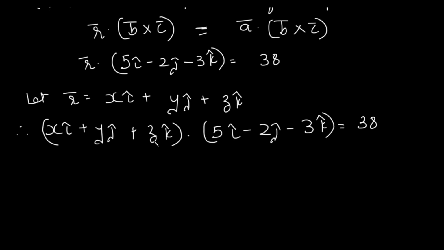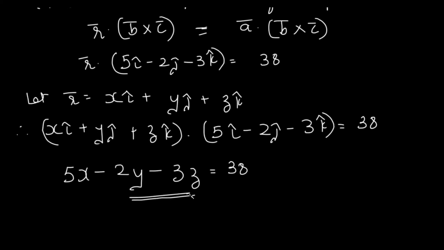Now when we take the dot product of these two vectors, we get 5x − 2y − 3z = 38. Remember the dot product. So now it is of the Cartesian form, and this is our answer.